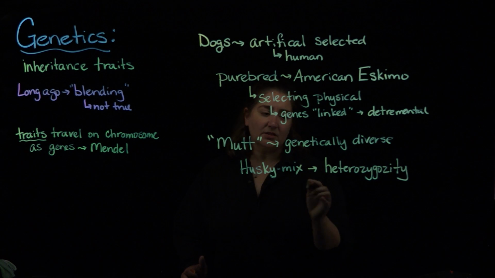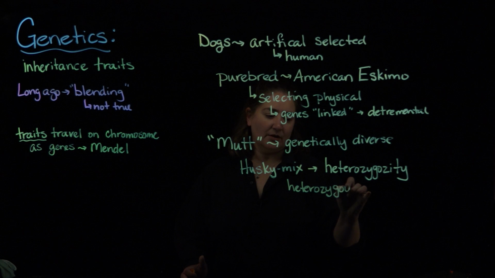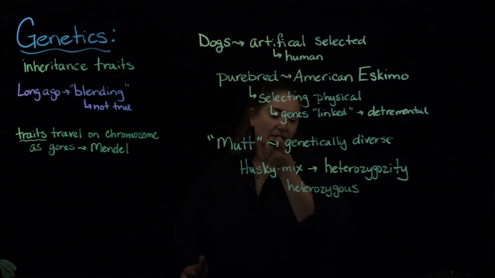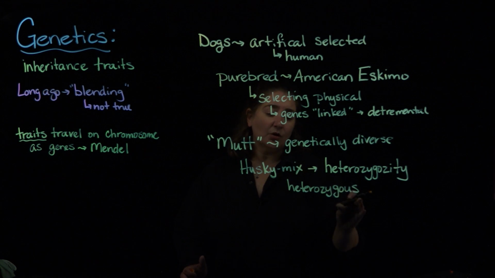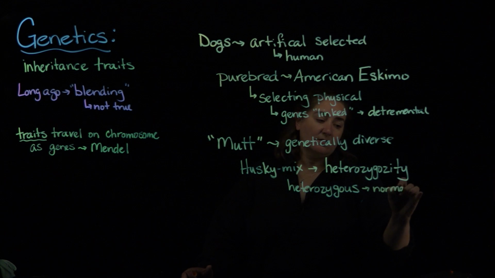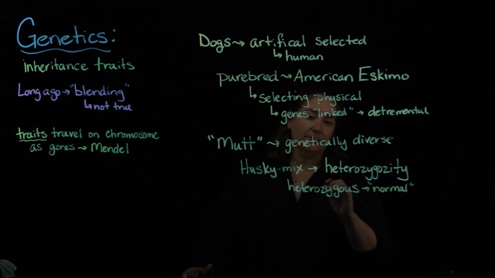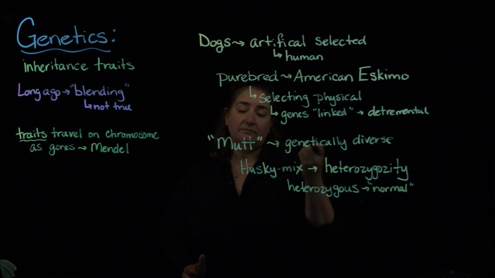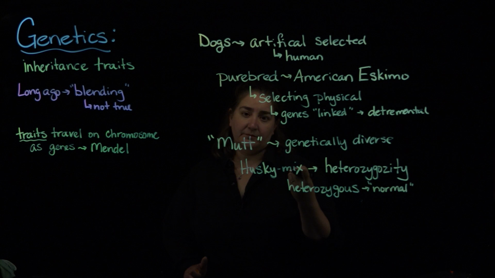So mutts are more likely to be heterozygous. And I know we haven't talked about what this term means yet, but I'm going to, don't worry, okay? It just means they're more likely to have a normal allele for something than to have a mutant allele, okay?